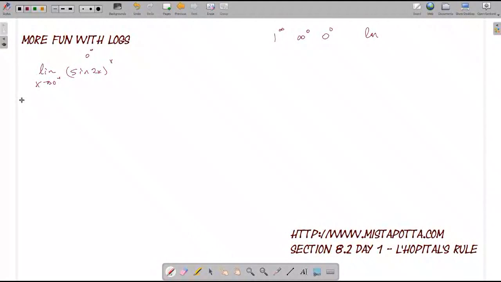So I'm going to say L is equal to this limit, and the trick that we use is we said that the natural log of L would be equal to the natural log of this limit. So the limit as x approaches 0 from the positive side of x times the natural log of sine 2x.